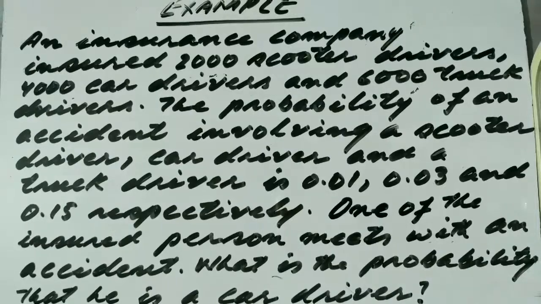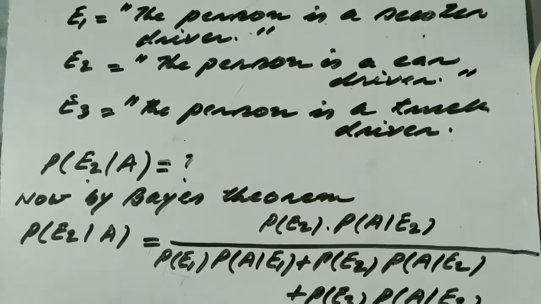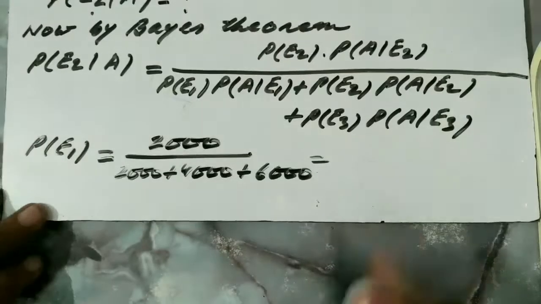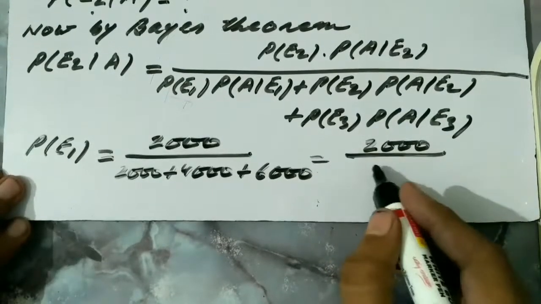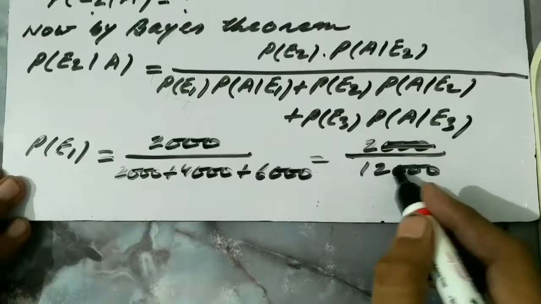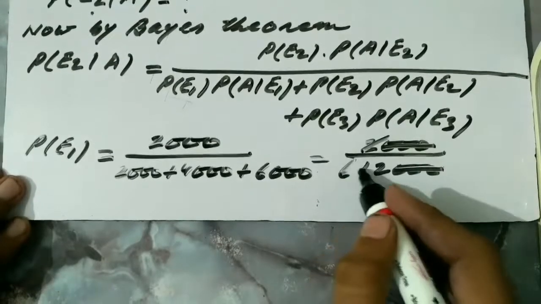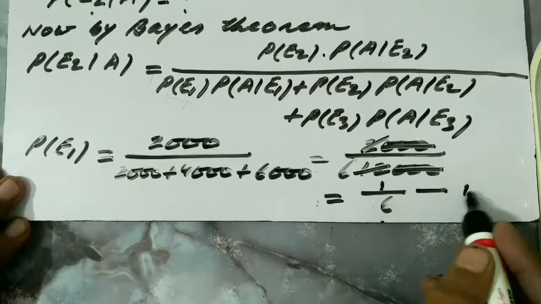So the probability that the insured person is a scooter driver, P(E1), is equal to 2,000 upon 12,000, which is simply equal to 1 upon 6. Make it equation number 1.